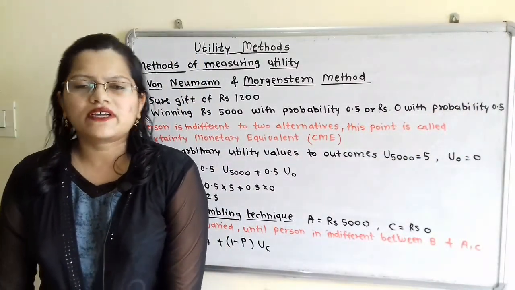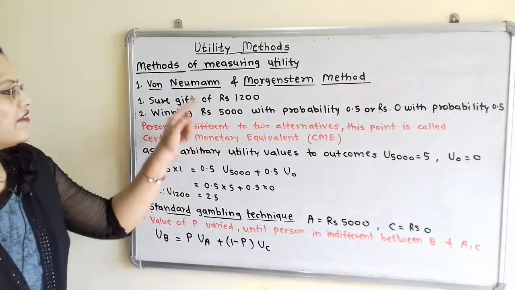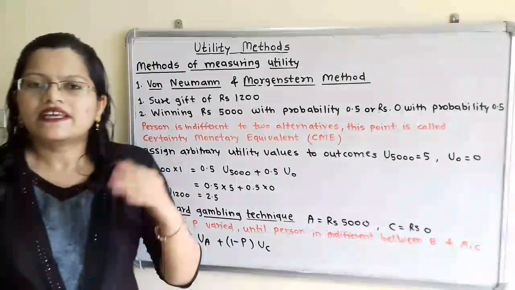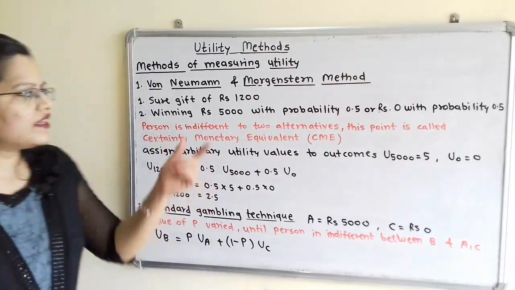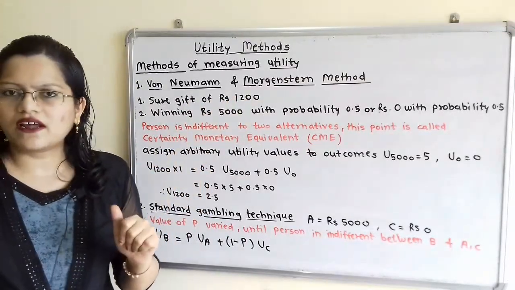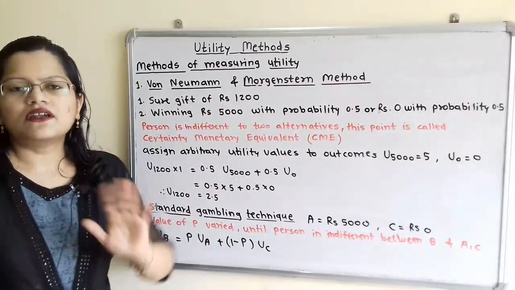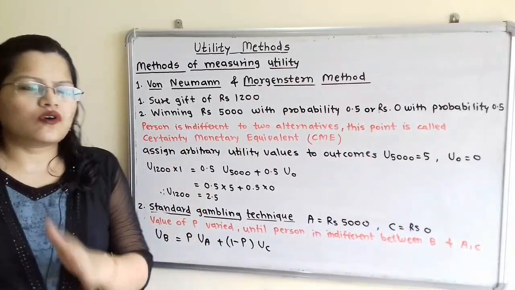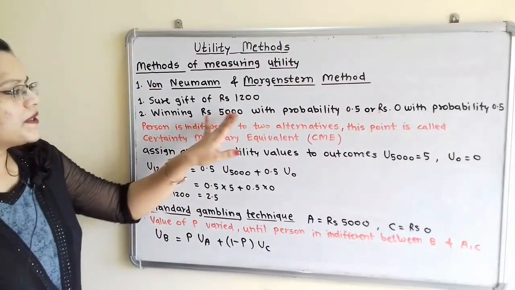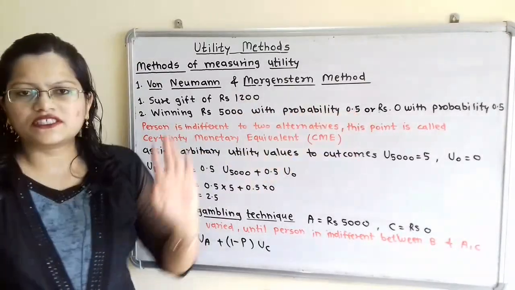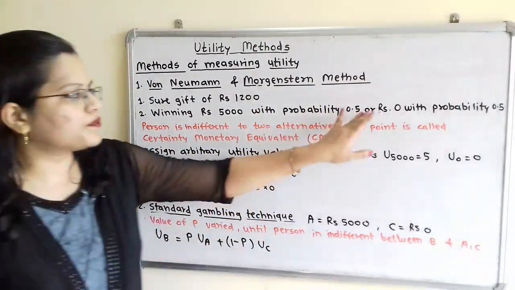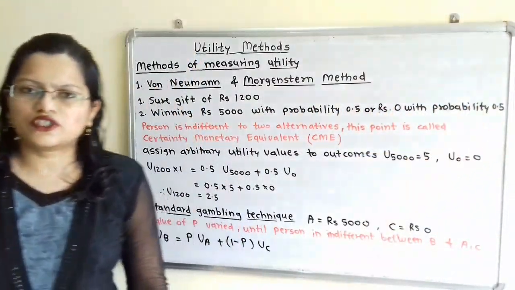Now it is also given that the person is indifferent to the two alternatives. That means he is okay with either getting rupees 1200 with probability 1, or he is also okay with getting rupees 5000 with probability 0.5, or rupees 0 with probability 0.5.